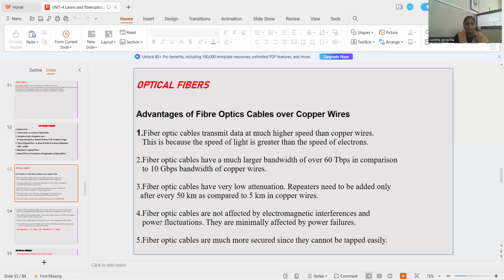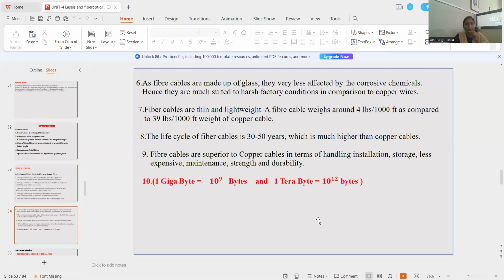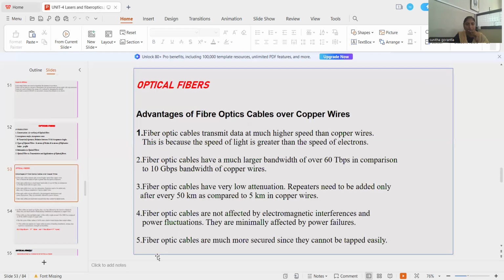Next, fiber optic cables are not affected by electromagnetic interference and power fluctuations. That means there are no short circuits in optical fibers, and they are minimally affected by power failures. Fifth one, fiber optic cables are much more secure since they cannot be tapped easily.